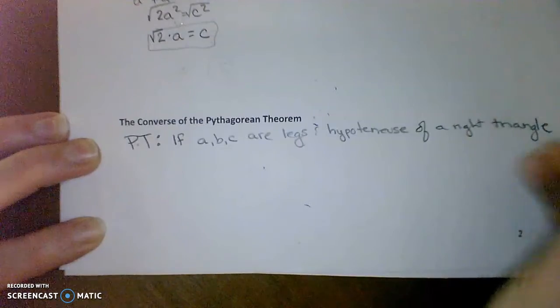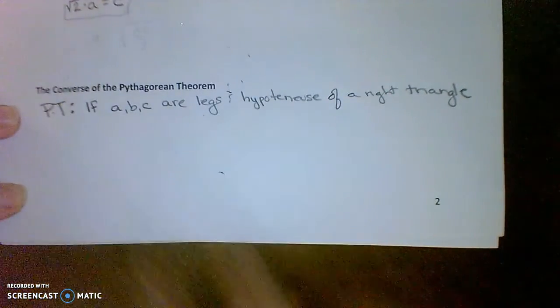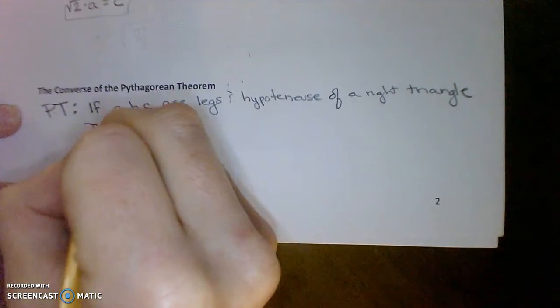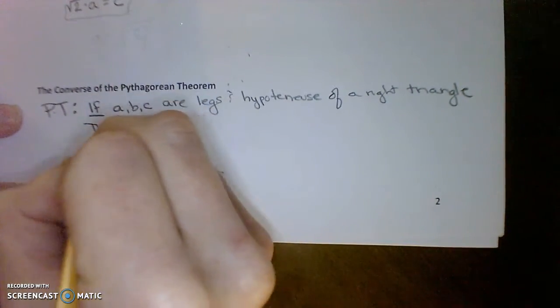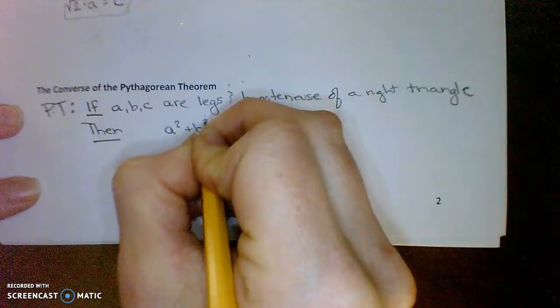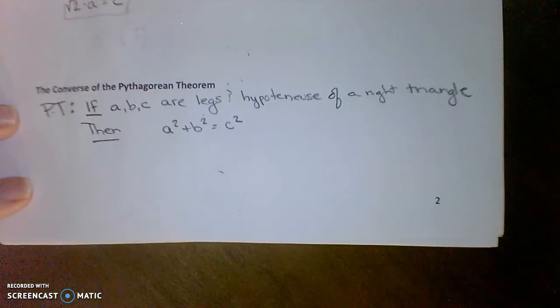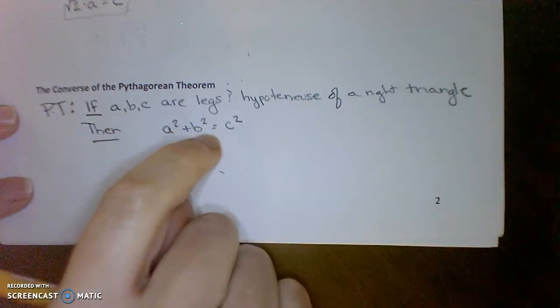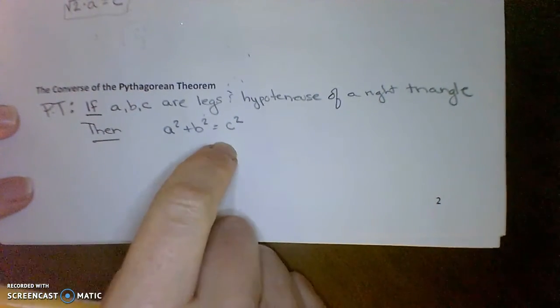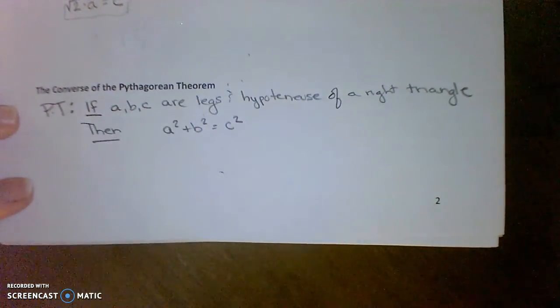So here you're starting out saying that I have a right triangle and here's the three sides. Then a squared plus b squared equals c squared. And the converse of the Pythagorean theorem says that actually any triple of numbers that are related in this way have to have come from a right triangle to begin with.